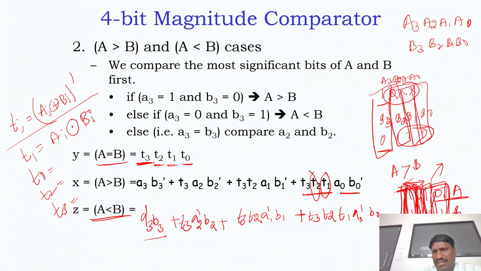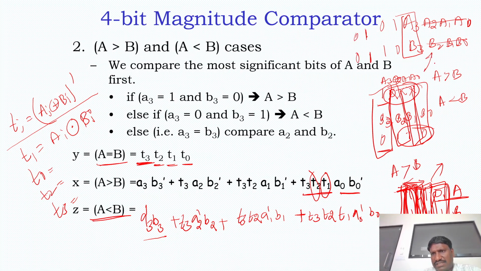Now if we compare these, if this is 1, this is 0, doesn't matter these three, I can say A greater than B. If this is 1, this is 0, I can say A less than B. Next, let us suppose these are equal, maybe both ones or both zeros.